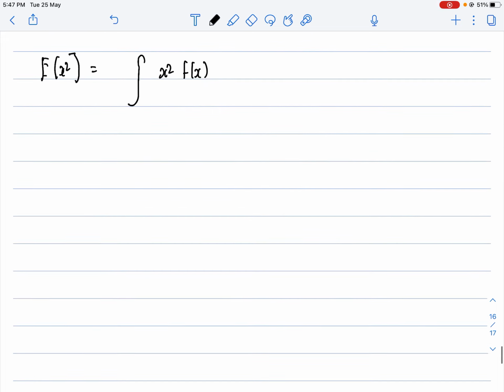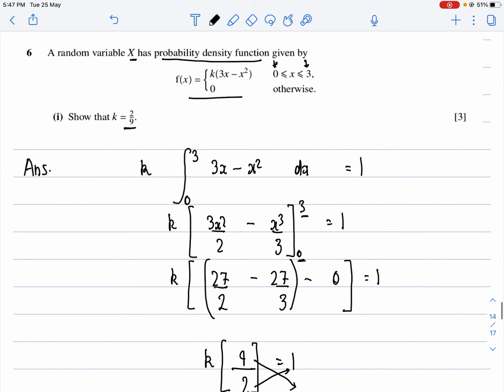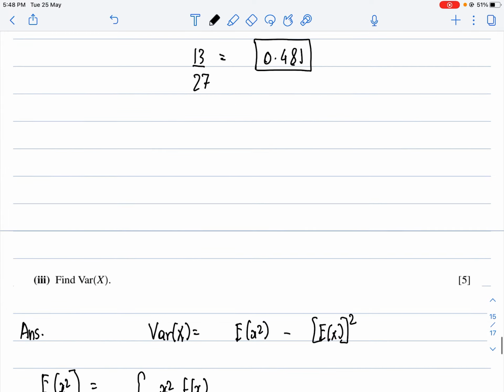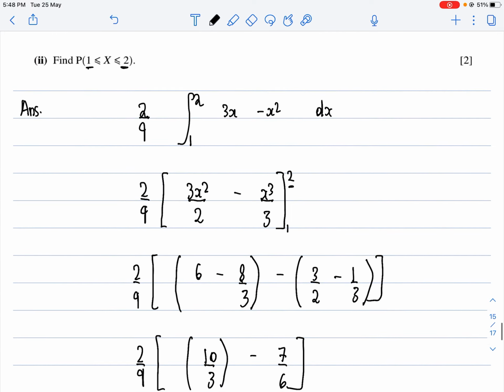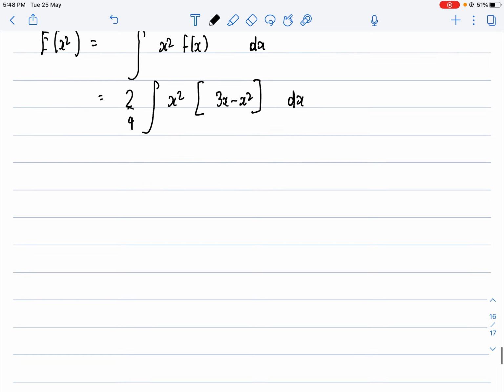To calculate this, I can simply take 2 over 9 outside because k is 2 over 9, with the integration of x square into the f of x. My f of x is simply 3x minus x square, correct? dx. Agreed? Now my limits are basically 0 to 3.